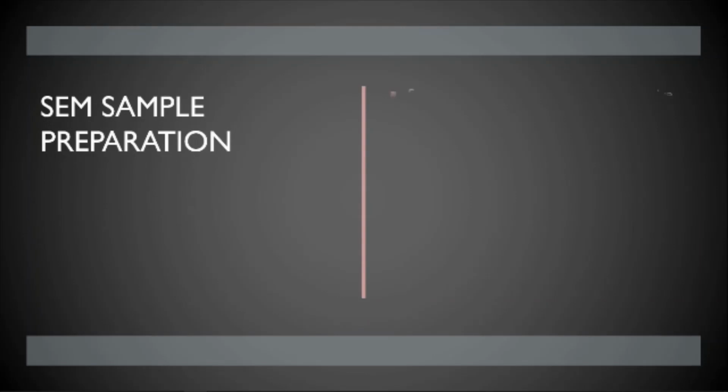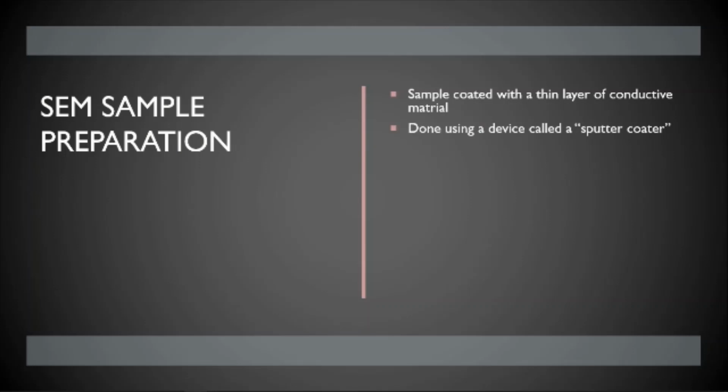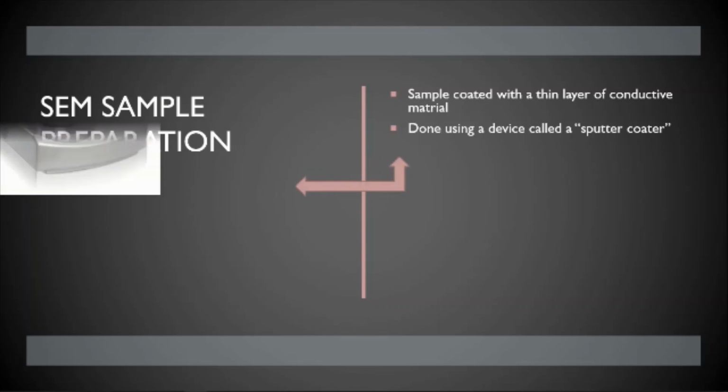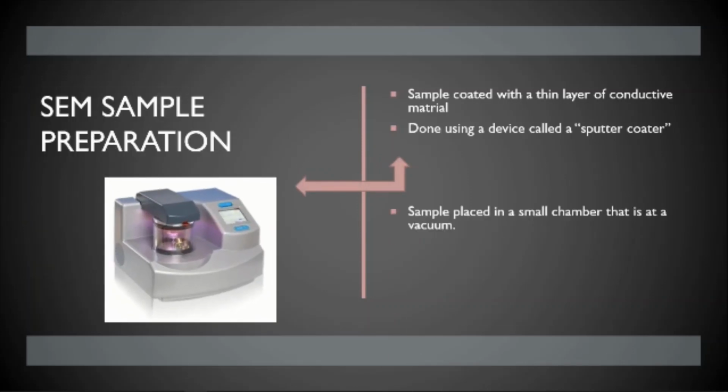For the procedure, the sample will be coated with a thin layer of conductive material. It is done using a device called a sputter coater. The sample will be placed in a small chamber under vacuum. Gold foil is placed in the instrument.